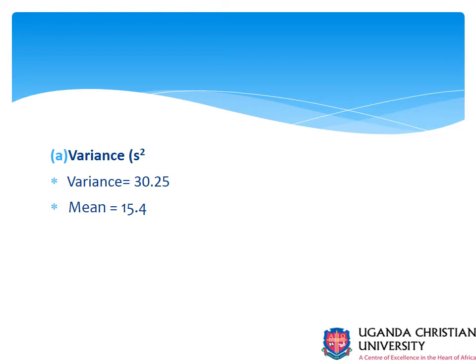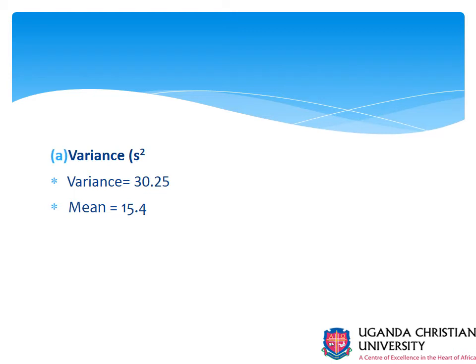But since it is sample based, we have the statistic S, so the variance is equal to S squared. Squaring the value I had for standard deviation, I got 30.25.